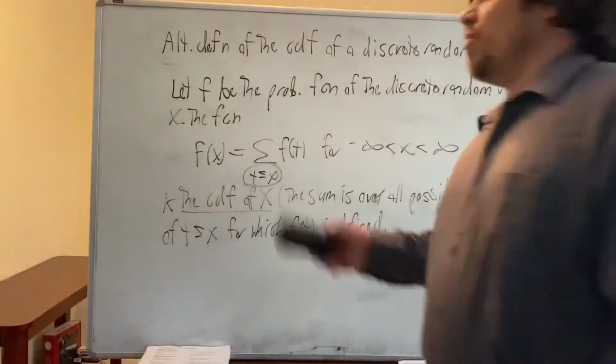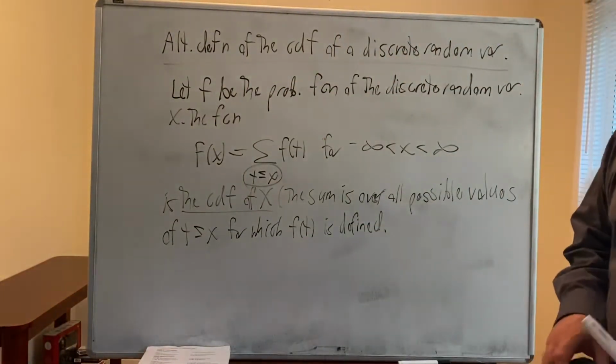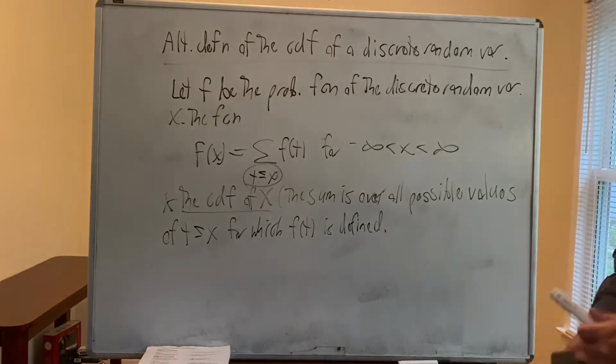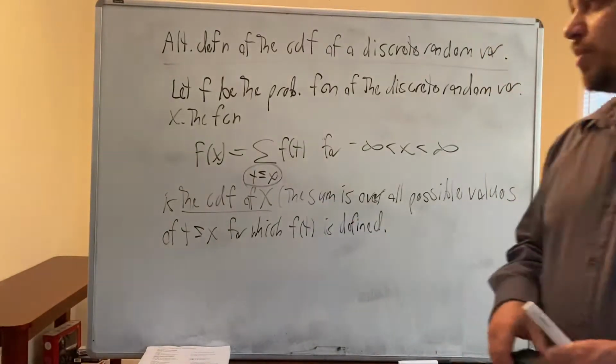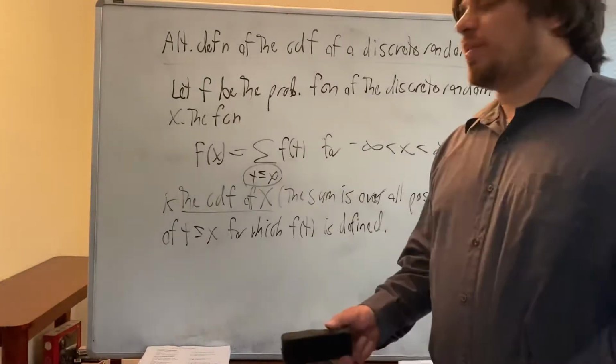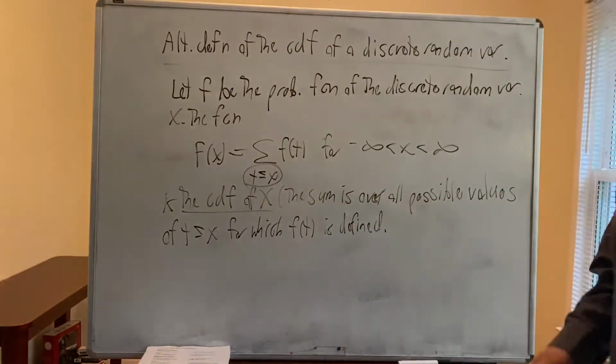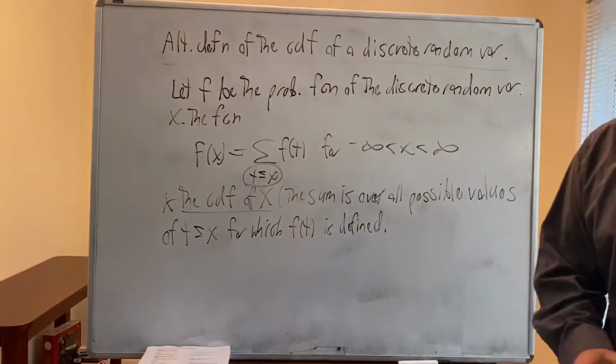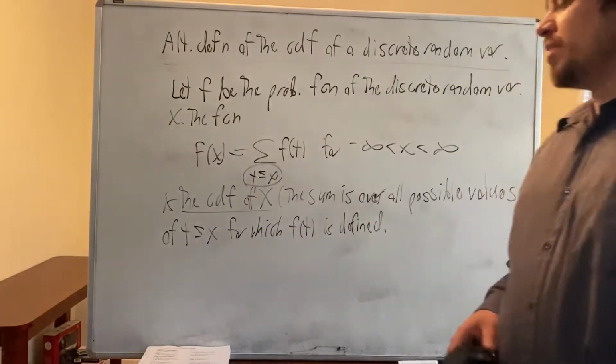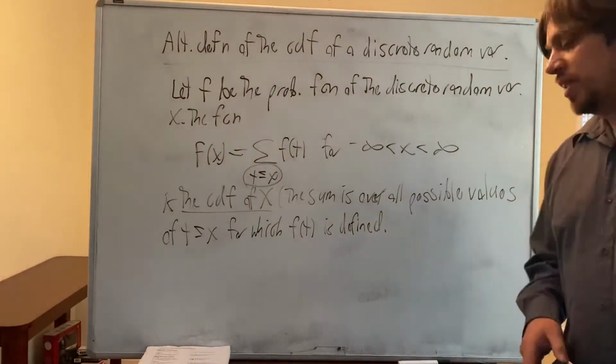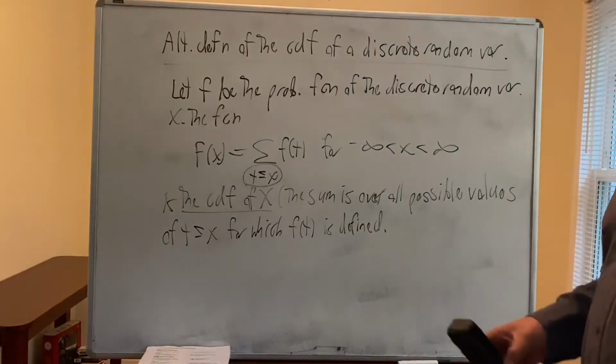Later we'll define this for a continuous random variable, and this summation will be changed to an integral. But right now we're talking about a discrete random variable, and the cumulative distribution function uses a summation symbol because the possible values of capital X are finite or countably infinite. It's a discrete set.